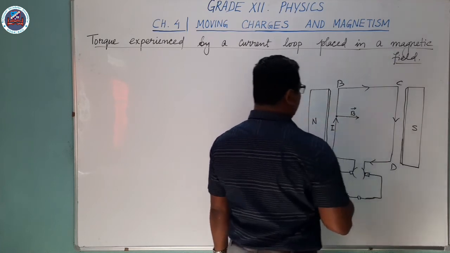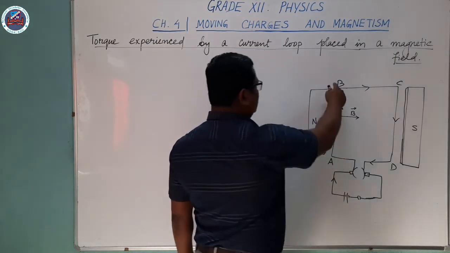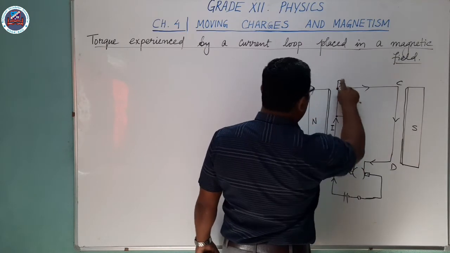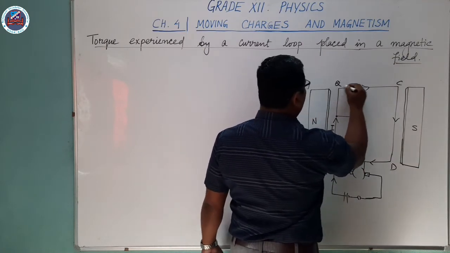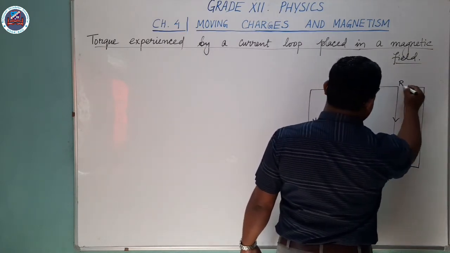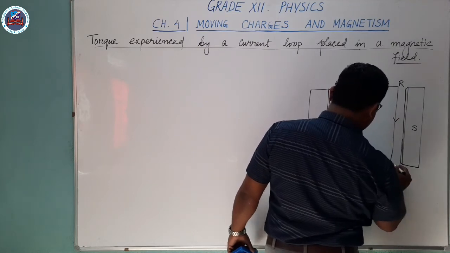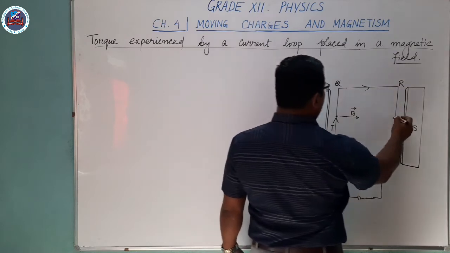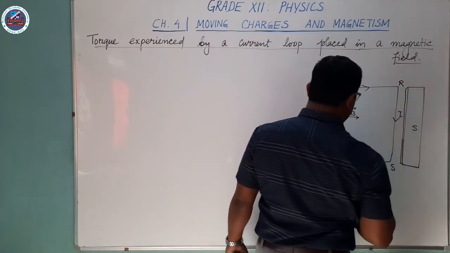This is your magnetic field. This B is different, so let me write it as P, Q, R and S. Current I is flowing through the loop like this.